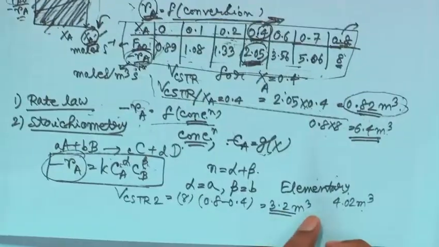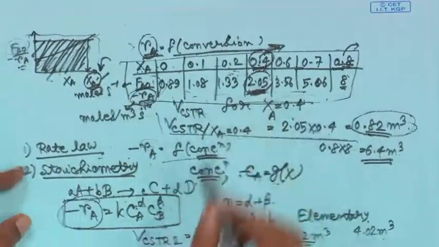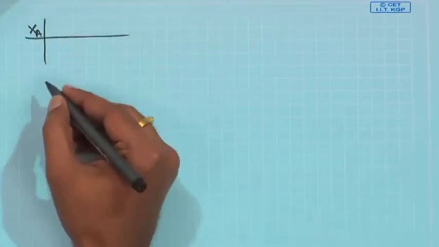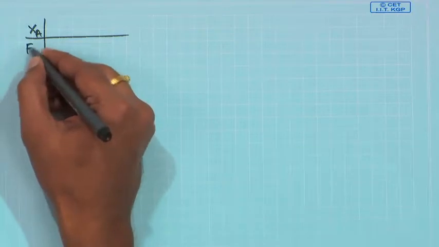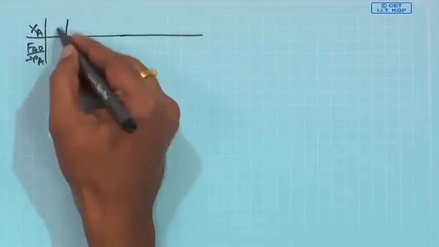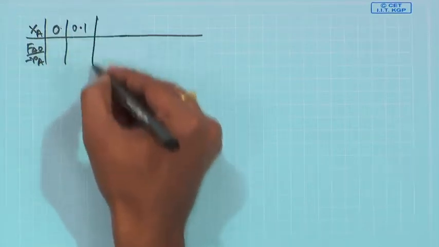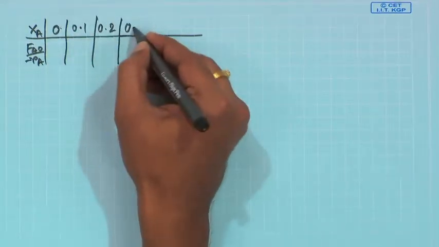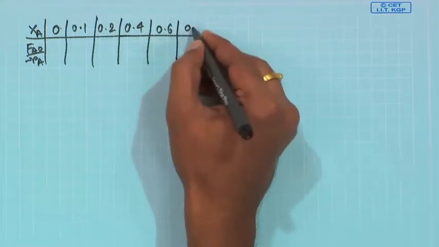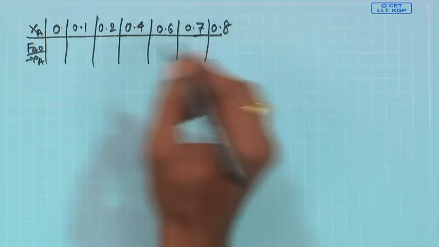You can use Simpson's 1/3 rule for this. So, let me do this for you. I will write down the expression again: X_A, and F_A0 by minus r_A. X_A values are 0, 0.1, 0.2, 0.4, and then 0.6, 0.7, 0.8.